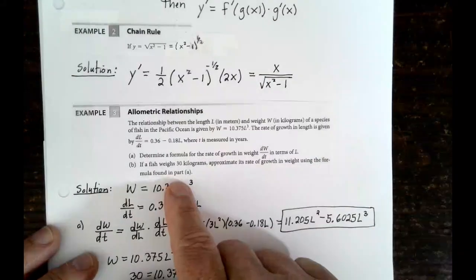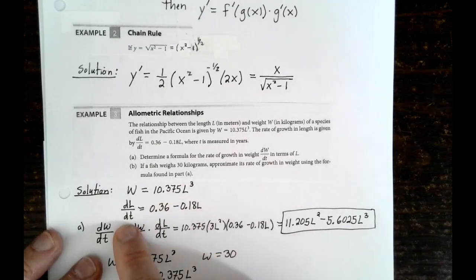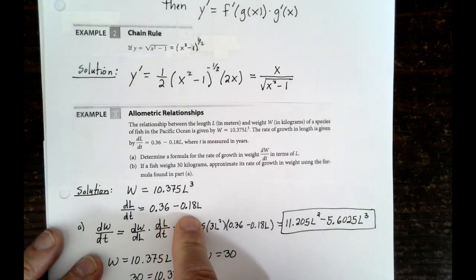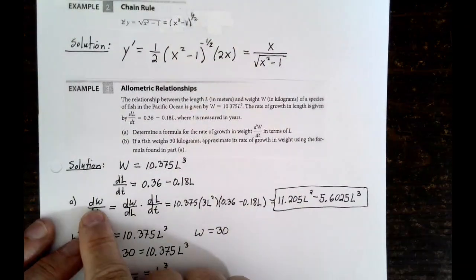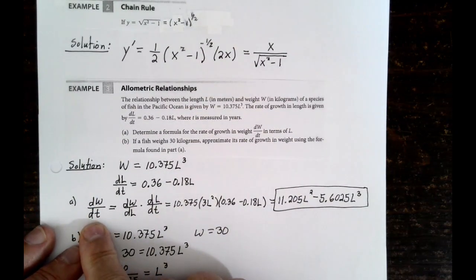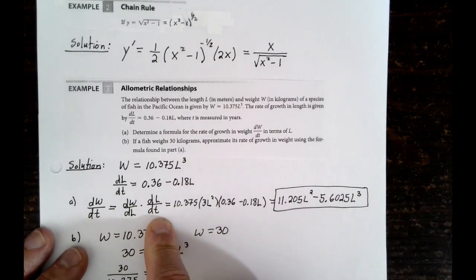Now in this one, example 3, they give you the outside function, and they tell you the inside function's derivative. They don't really tell you what the inside function is other than just referring to it as L. So when they ask you to take the derivative of w with respect to t, you're taking the derivative of w with respect to L and the derivative of L with respect to t.